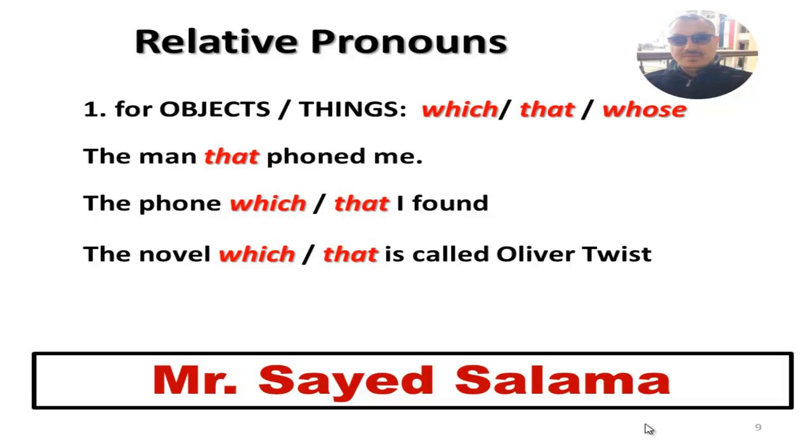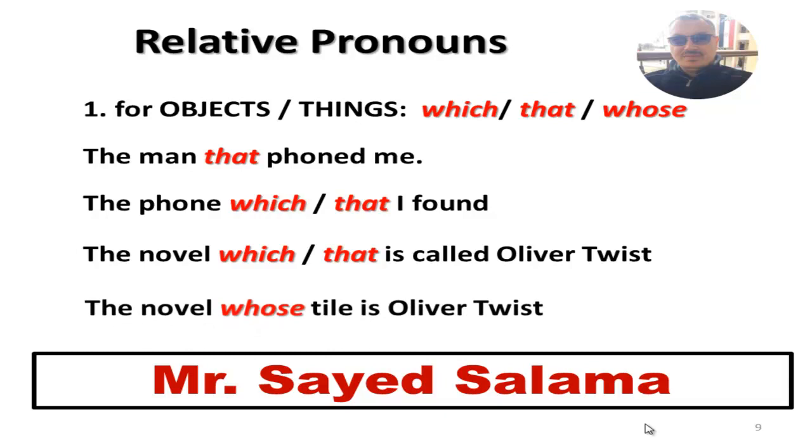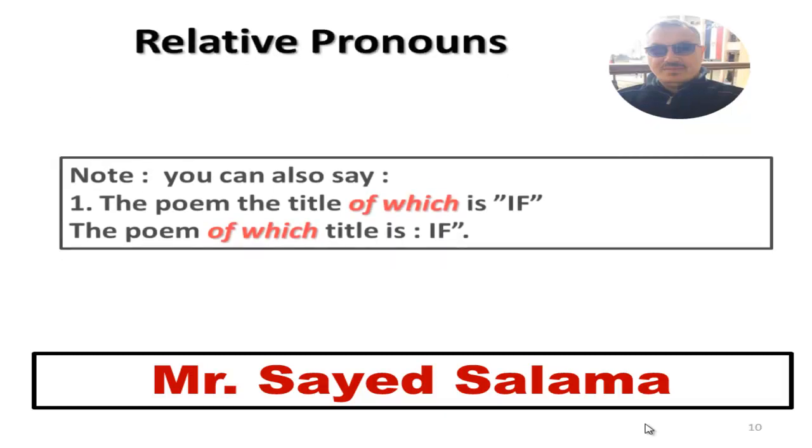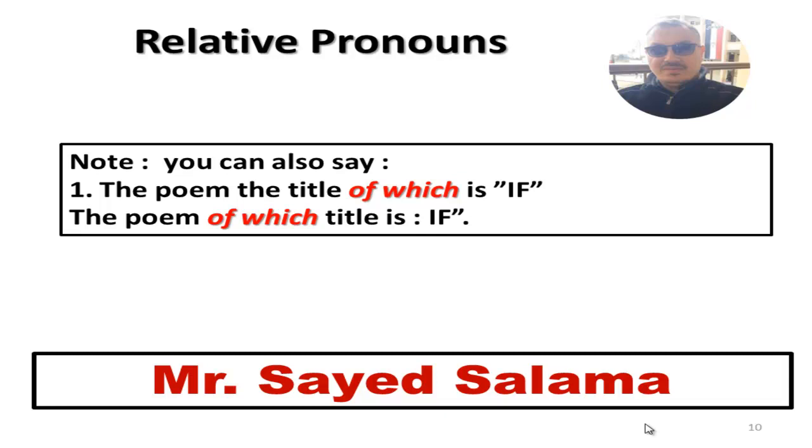The novel which or that is called Oliver Twist. The novel whose title is Oliver Twist. You can also say the poem, the title of which is F. You can also say the poem of which title is F.